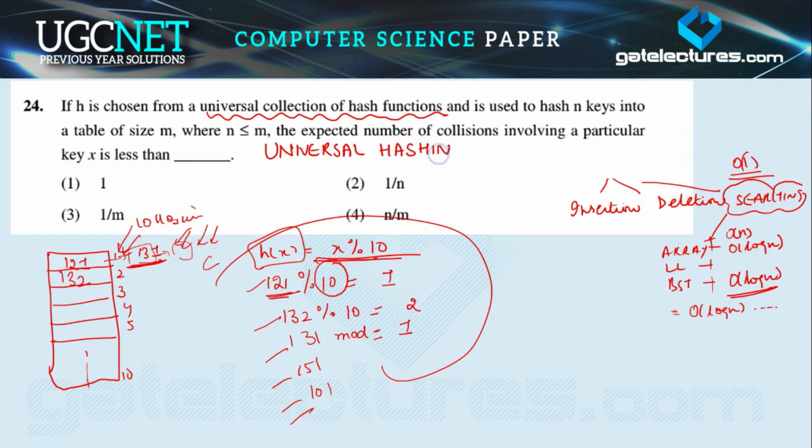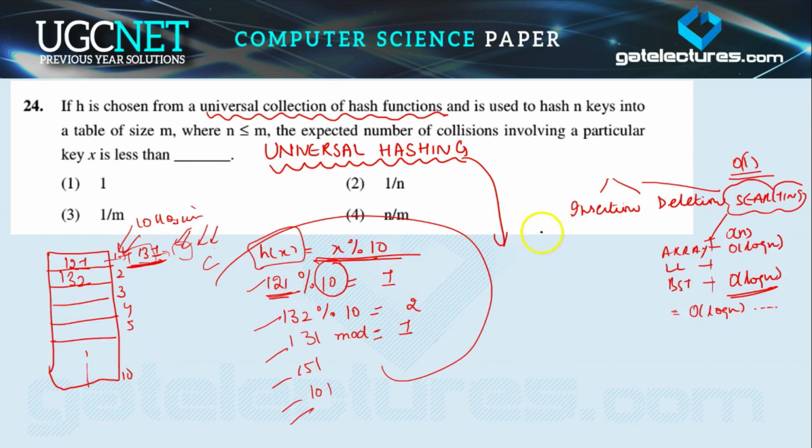Universal hashing. Okay, so universal hashing is a very effective way to improve the situation of the number of collisions. Here what we are going to do is change the color, and I'm writing here.